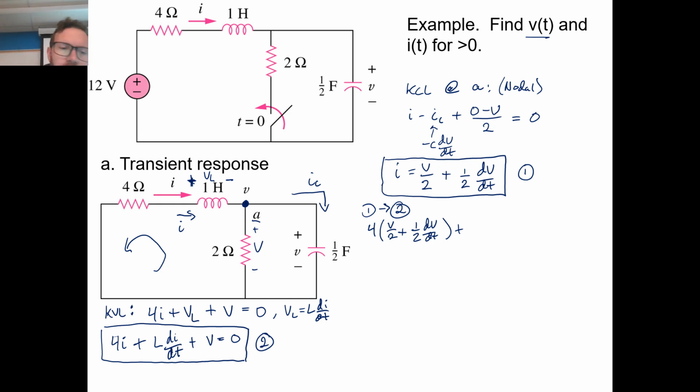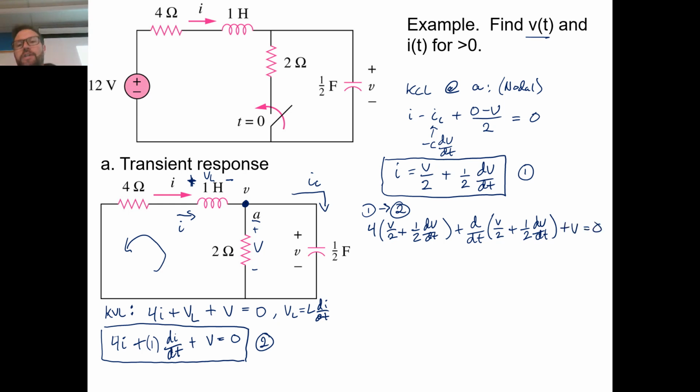Sorry, L is 1 Henry, so we're just going to put in a 1 times di dt, which is one less variable to track. So we get plus d/dt of V over 2 plus 1/2 dV dt, plus V, all equal to 0.